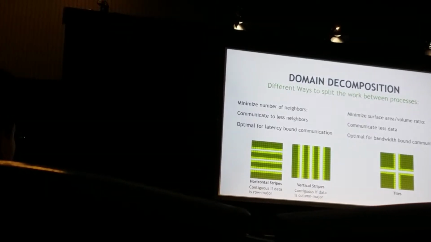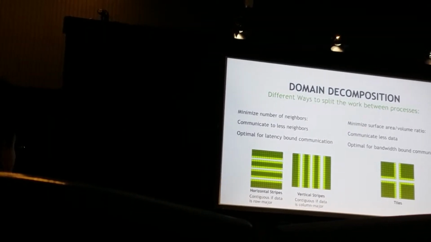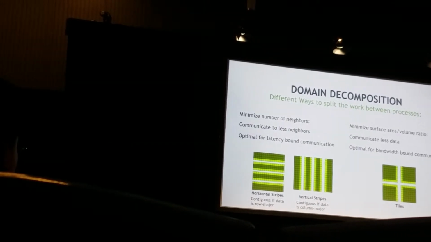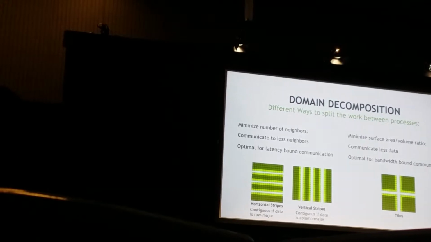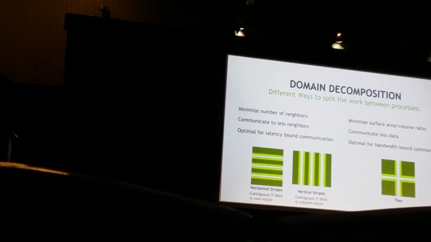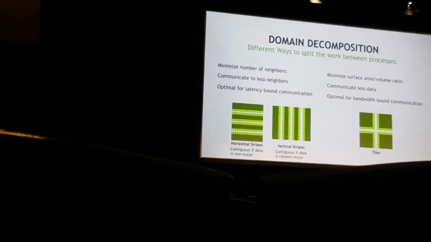Depending on our data layout, it's better to have horizontal stripes, for example, if it's in row major order, in C codes mostly, or vertical stripes if the data is in column major order, for example in many Fortran codes.